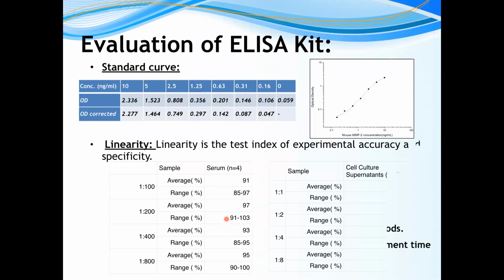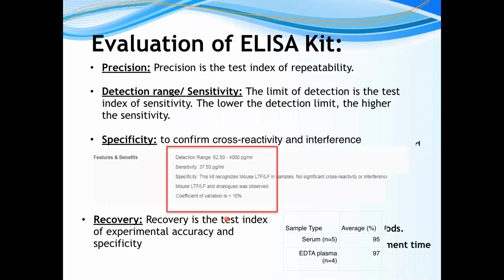Moving forward in this series, the next parameter to evaluate the ELISA kits is the precision. Precision is the test index of repeatability. It is measured as the CV percentage, that is the coefficient of variation from the mean value. So the higher the precision, the better the repeatability.